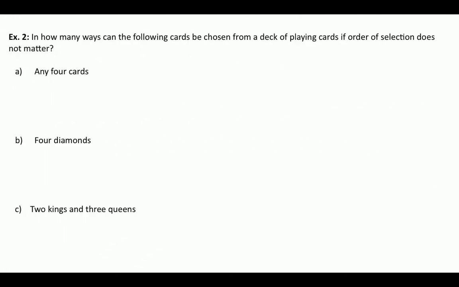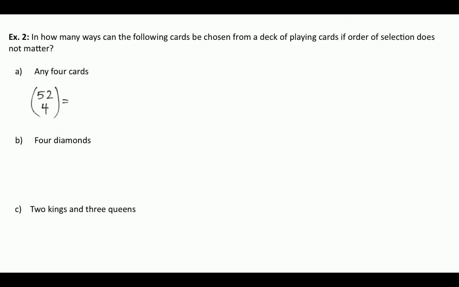Let's do some examples. How many ways can the following cards be chosen from a deck of playing cards if order of selection does not matter? We don't care about the order, so we know we're dealing with combinations. There are 52 cards in the deck altogether. If I want any 4, I've got a pile of 52, and I want to choose 4 from those 52. So we get 52 choose 4.